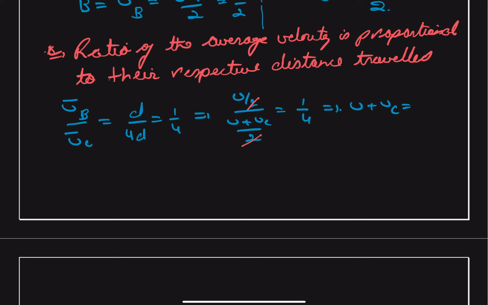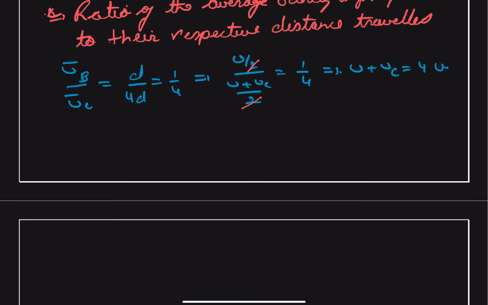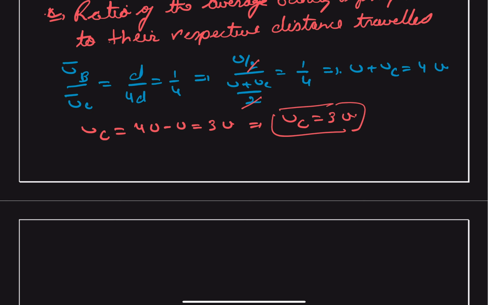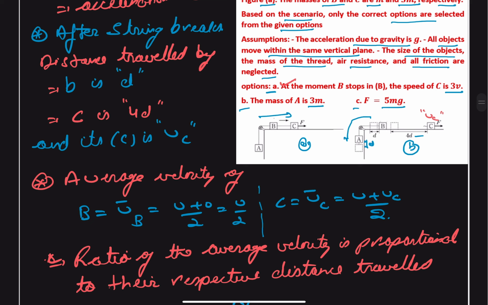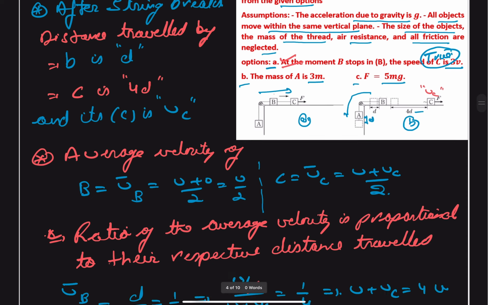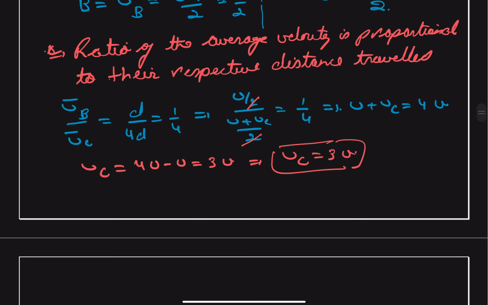From here we can say vC is equal to 4v minus v, which comes to 3v. So vC is equal to 3 times v. So option A is true.